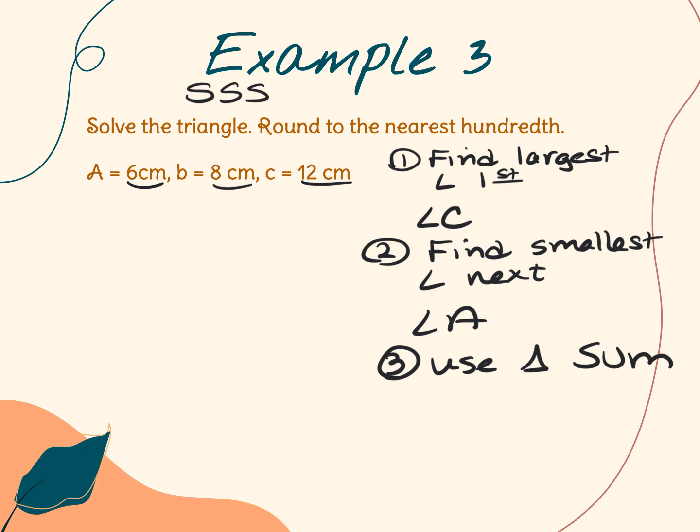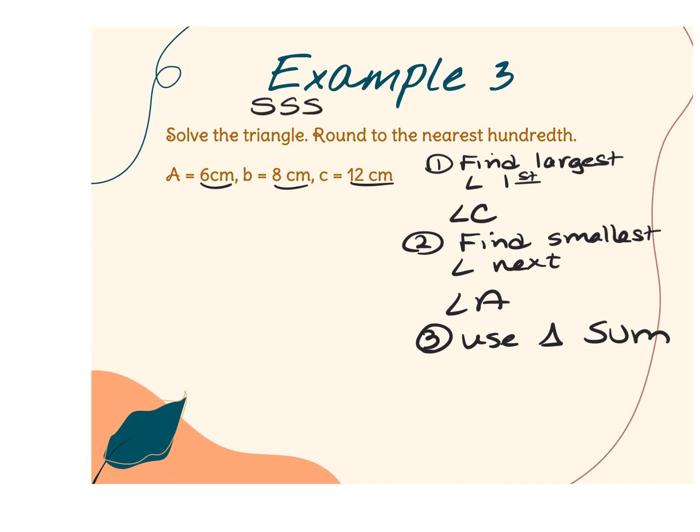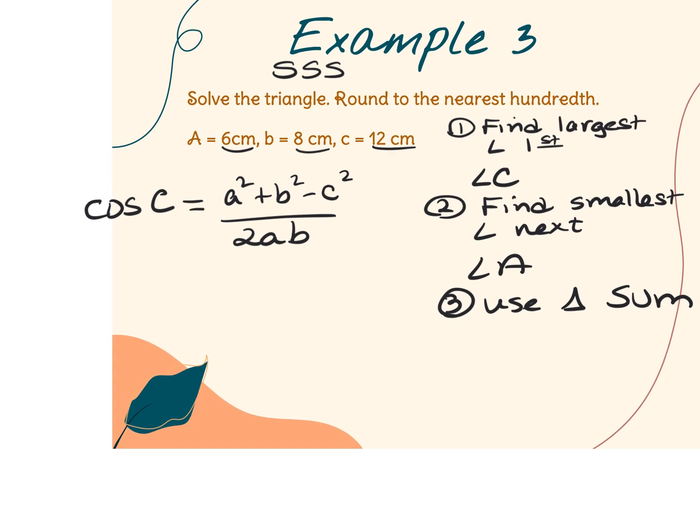So let's go ahead and do this. Because my largest side is C, it's 12, I'm going to be using this formula. The cosine of C is equal to A squared plus B squared minus C squared, all divided by 2 times A times B. I'm going to fill it in.